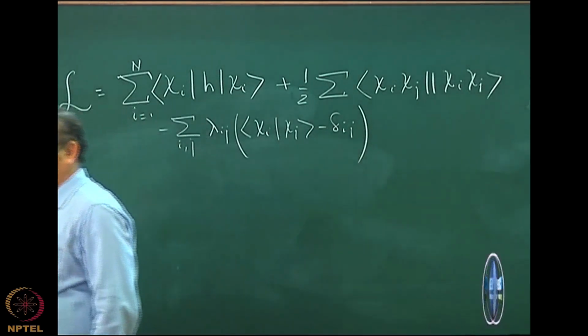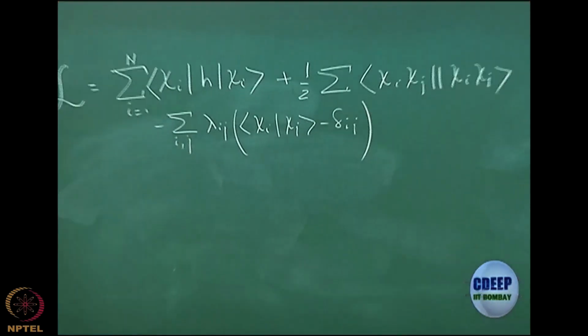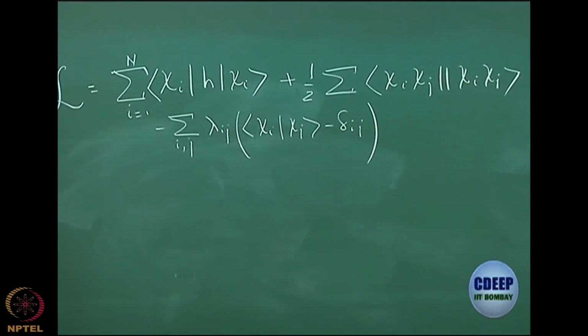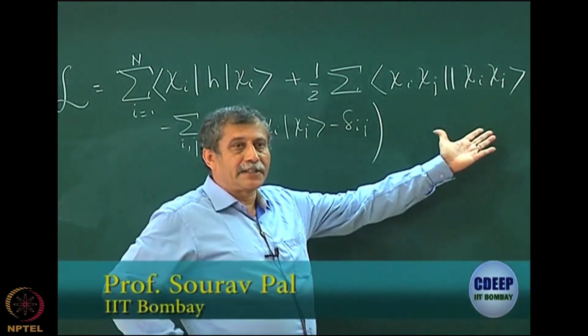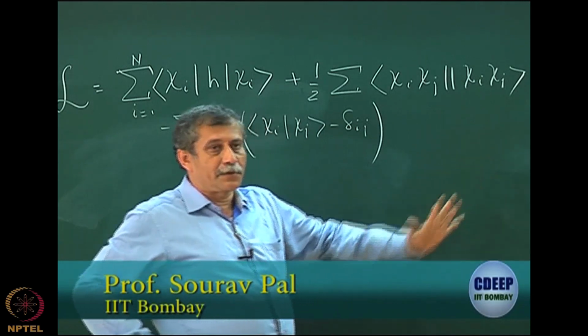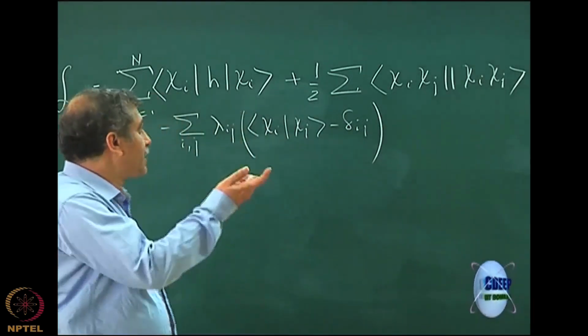So, I hope all of you can write this. Of course, this expression can be written in different form, and I have not written the exchange or Coulomb explicitly. I have used the antisymmetrized matrix. Of course, eventually we will expand it.